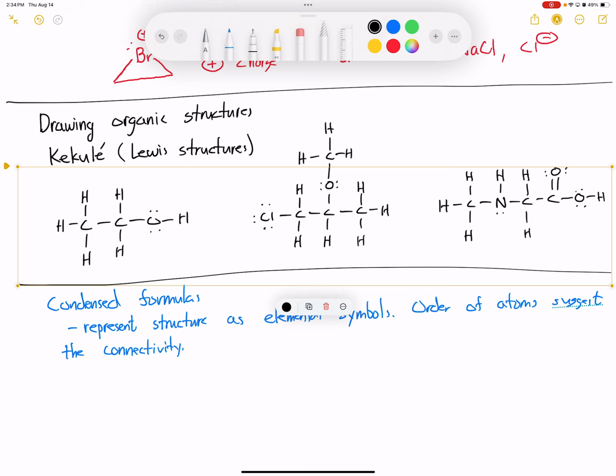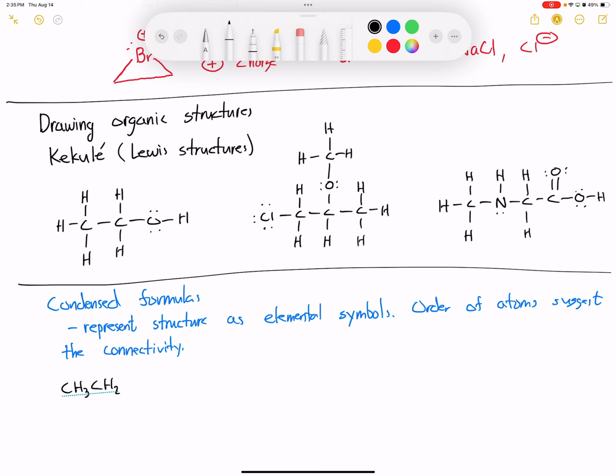Okay, so let's do the first one. I can abbreviate each carbon atom based on how many hydrogens they have. So if I go from left to right, the first one would be CH3. Okay, CH3, CH2. All right. And what would I write for the last one?